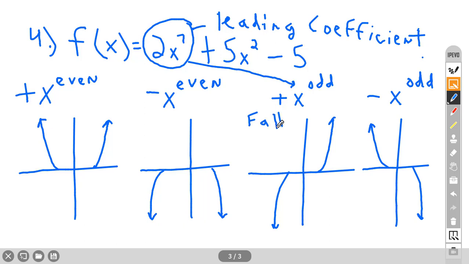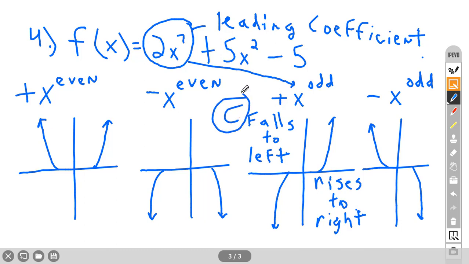So notice it falls to the left and rises to the right. And so that's going to match the answer of, looks like, C.